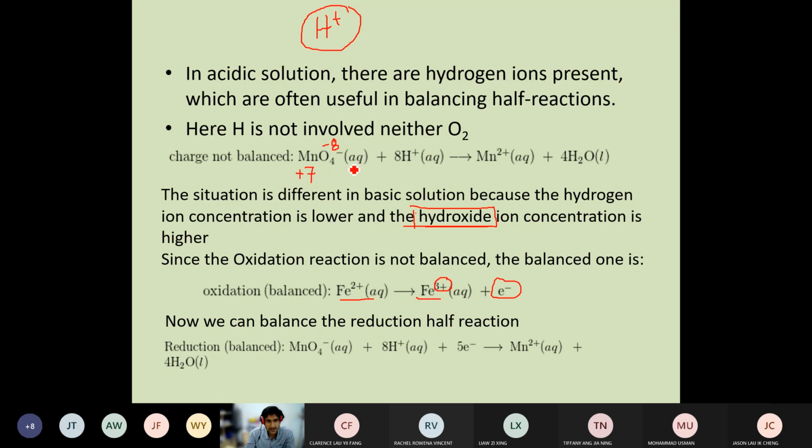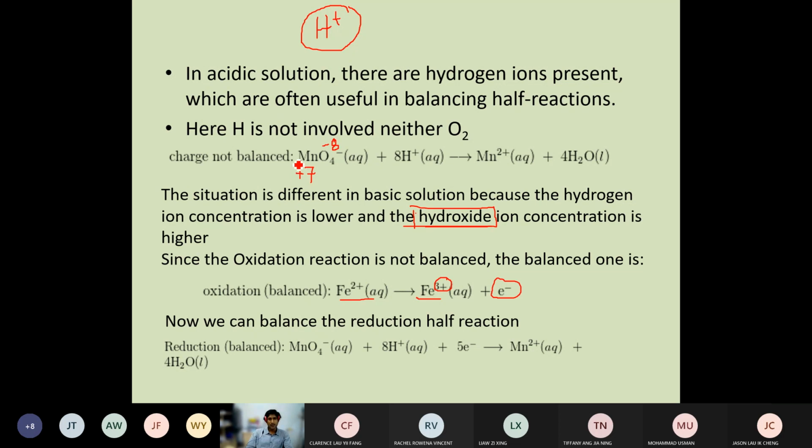In this case, manganese becomes positive 2. So how many electrons did it have to take up to become positive 2? 5, right? 7 minus 5 is positive 2.